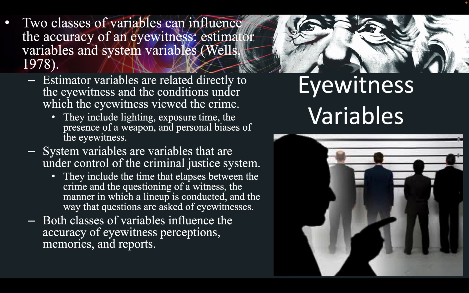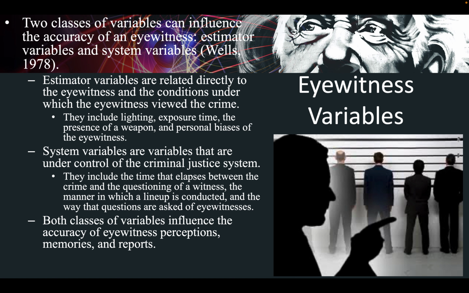Estimator variables are related directly to the eyewitness and the conditions under which the eyewitness viewed the crime. They include the lighting, the exposure time, the presence of a weapon, and personal biases of the eyewitness.